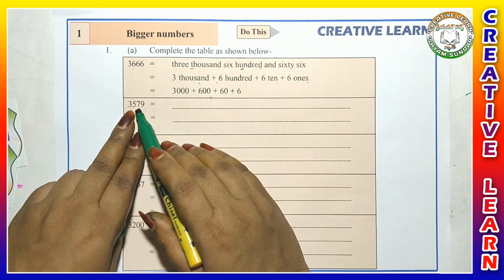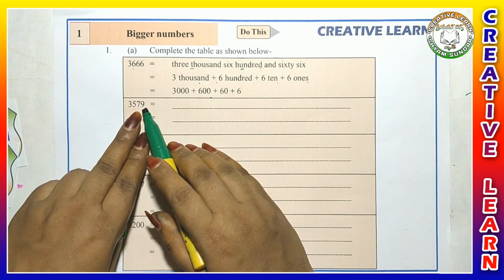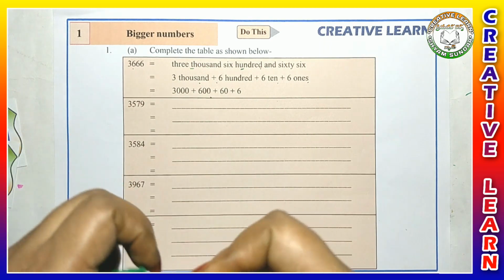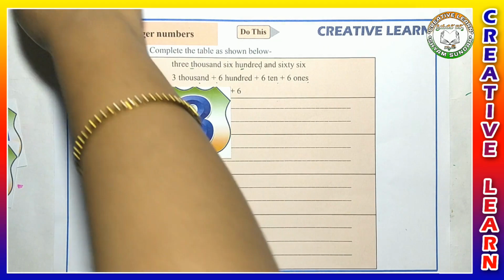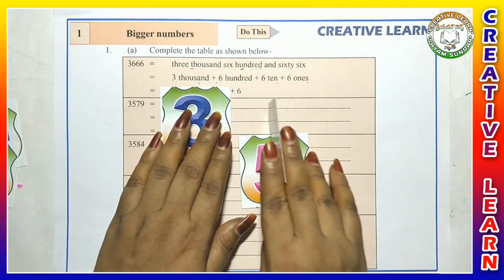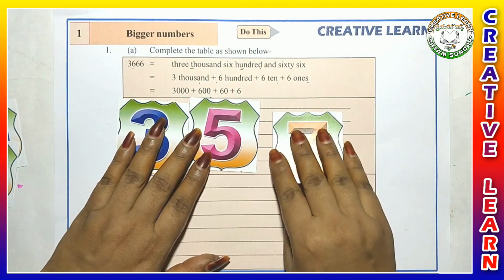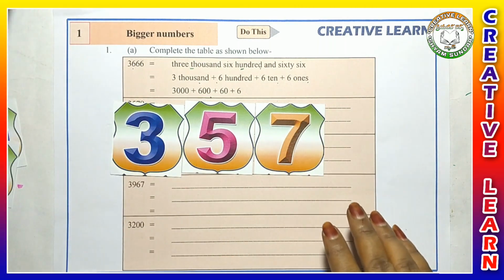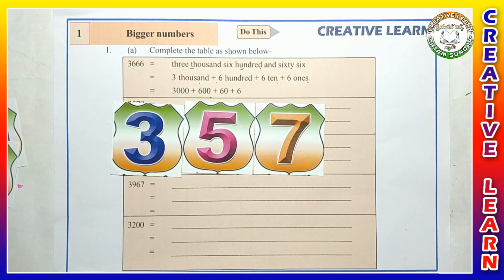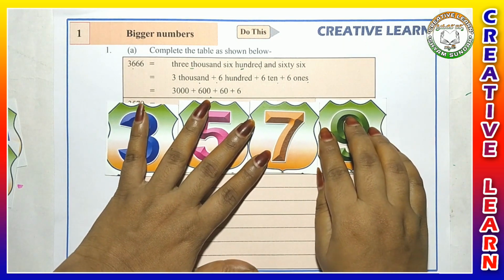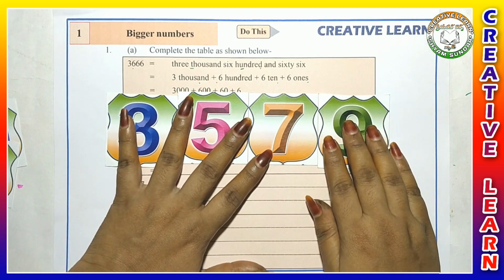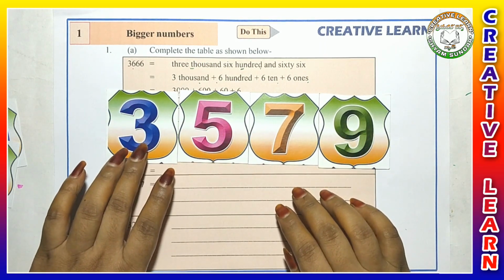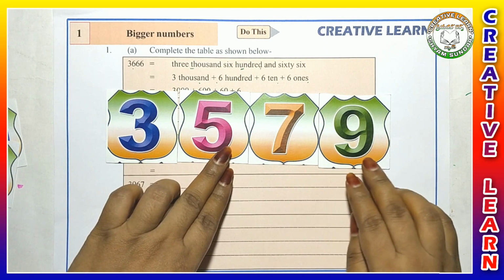Okay, what number is given? 3579. Let's form the number first. 3579.